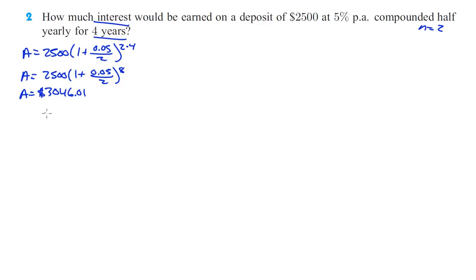So we're going to want to take that 3046.01 and subtract our original investment of $2,500 and see what we end up with. That means we end up with $546.01. That's how much interest they're going to end up earning. That's how much extra money they are going to end up with.